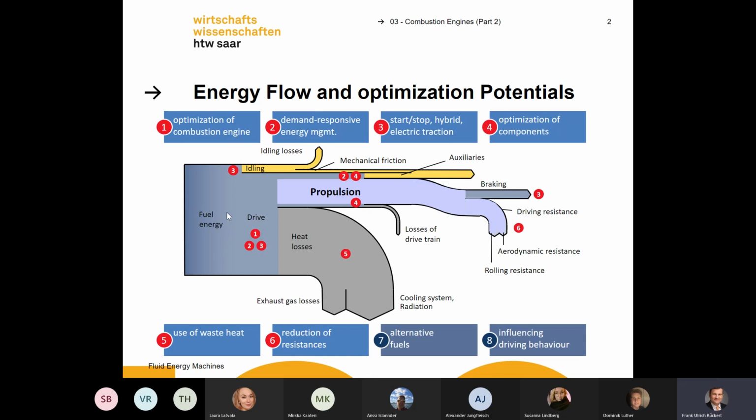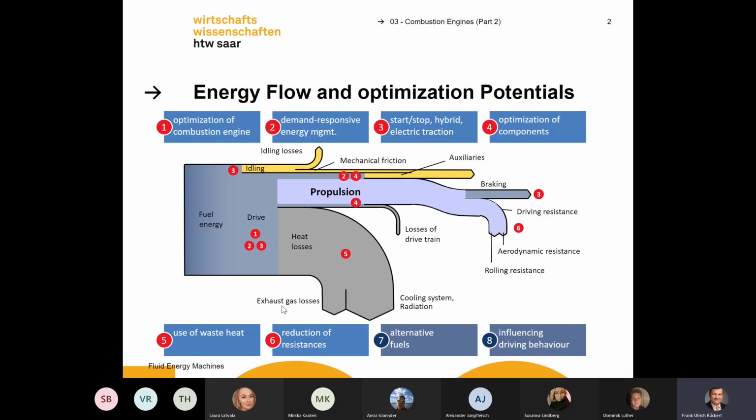Here is the total energy from the liquid fuel or from the natural gas that should be used in the combustion engine. About 60% is used for production of heat.